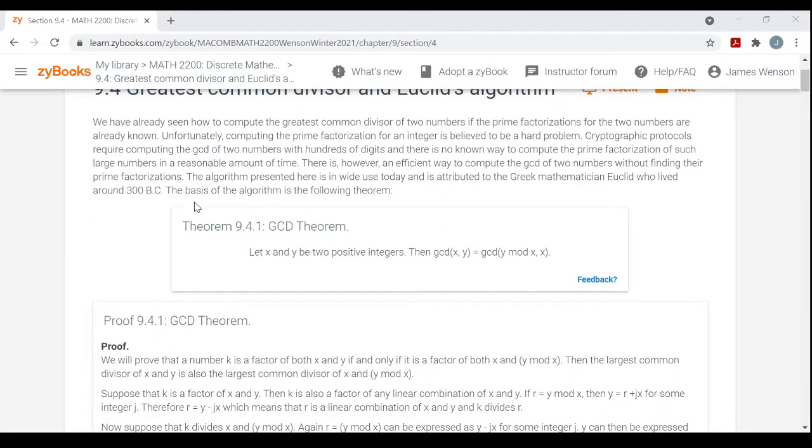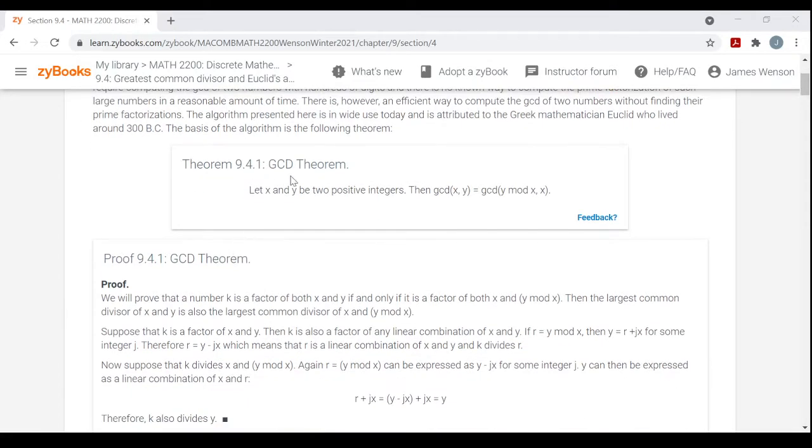So here is the basis of what's called Euclid's algorithm, and it has to do with the greatest common divisor of two positive integers. This isn't Euclid's algorithm, this is just a theorem, but this is all leading up to it. So let x and y be two positive integers.